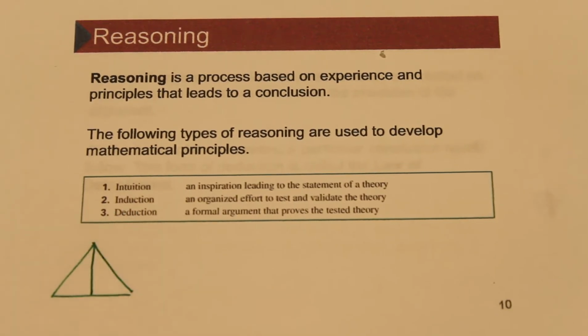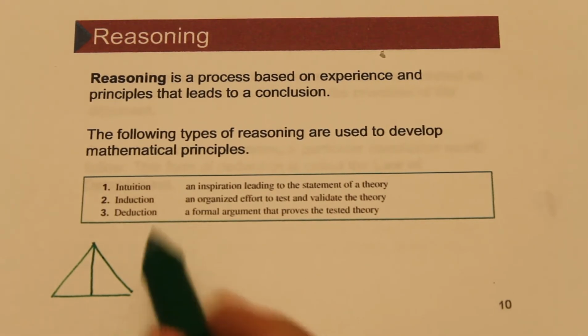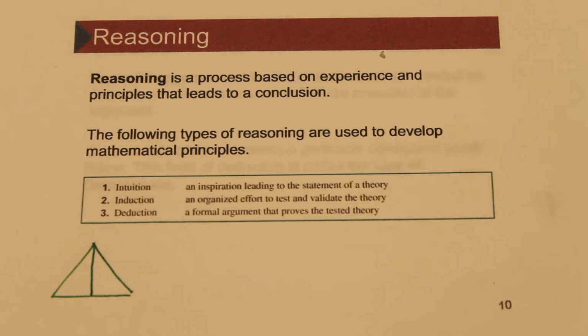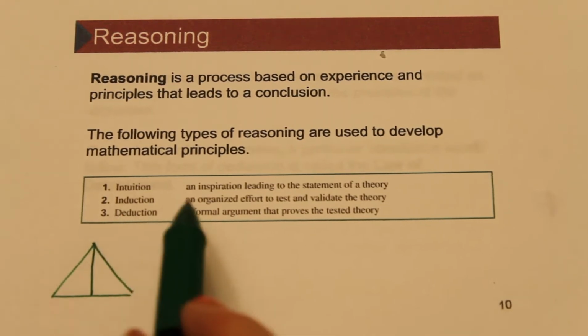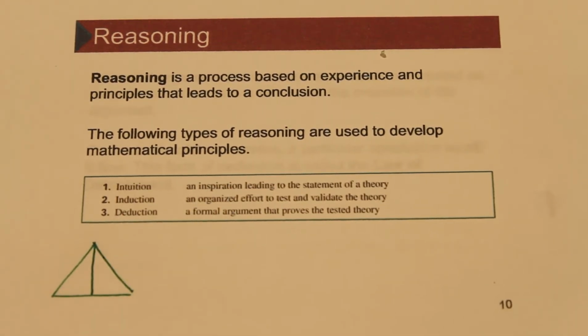And then we have induction. Induction is a way of looking at specific observations and experiments. So when you're talking about inductive reasoning, you look at all of the test cases in front of you, and from everything that you observe, it seems that something would be true.